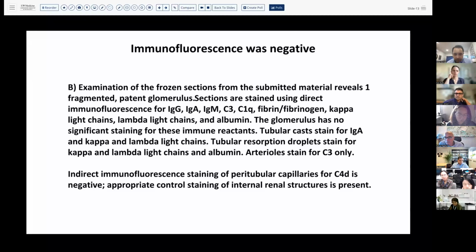So these materials are routinely stained for a panel of immune reactants: 3 immunoglobulins, IgG, IgA, IgM, 2 complement components, C3 and C1q, fibrin and fibrinogen, kappa and lambda light chains, and albumin. And in transplant settings, we also will stain for C4d as well.